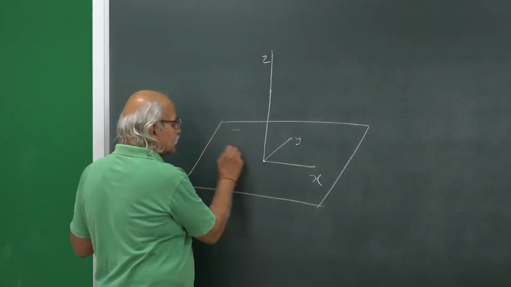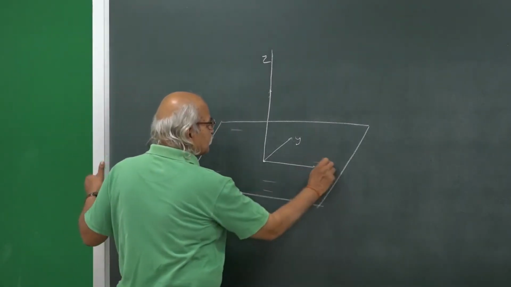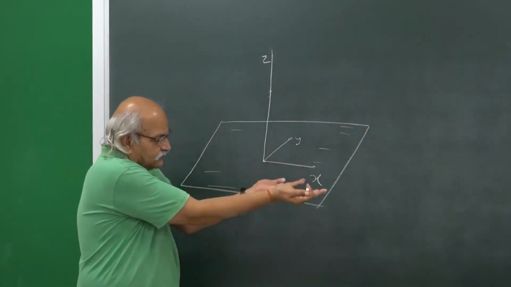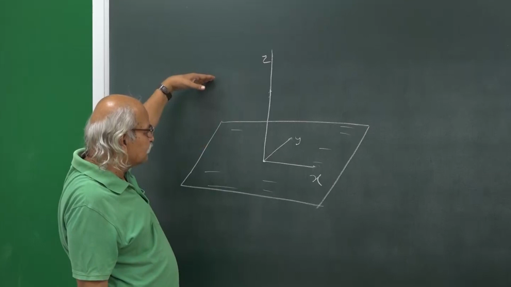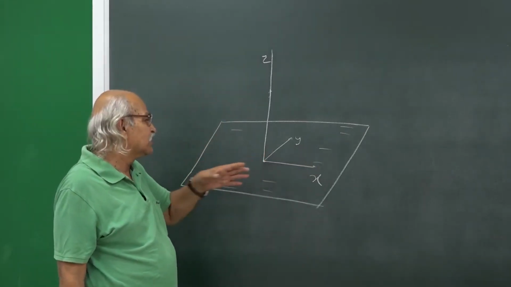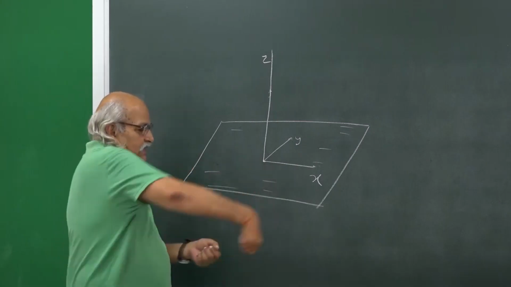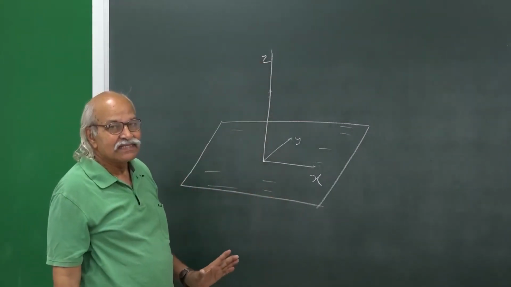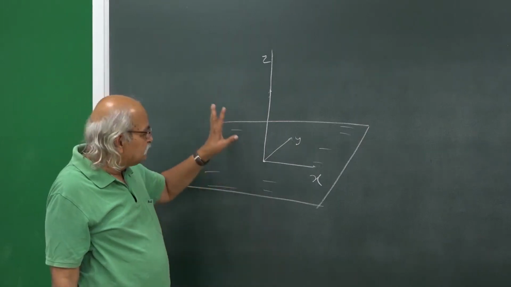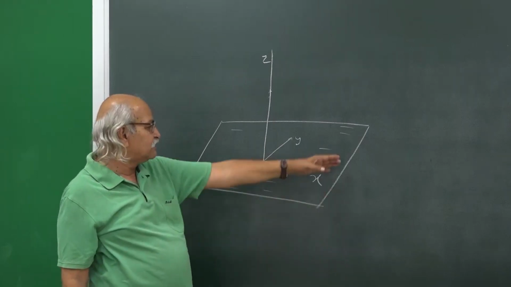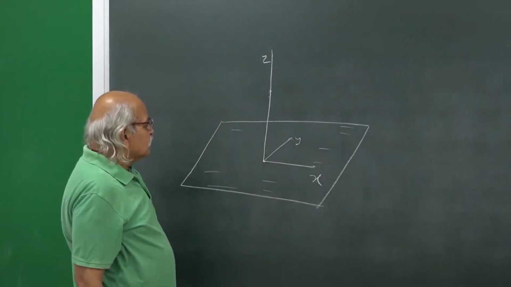This is our xy plane, part of it this way and part of it the other way. X axis is here, y axis positive direction is going into the board, and x cross y, if you do, you get this vertical z direction. And this is an infinite plane, a large plane, there are no boundaries as such for our calculations.